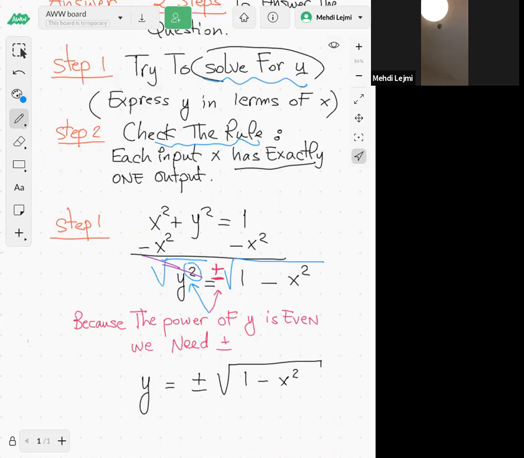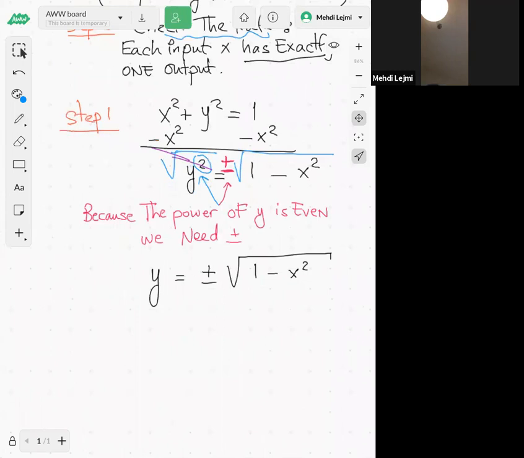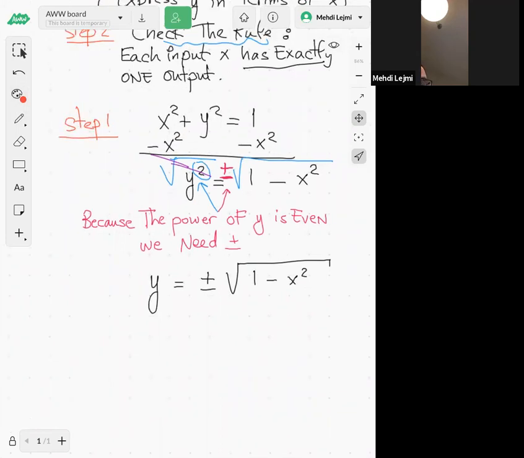The x is supposed to be the input, and the y is my output. The idea is, in order to be a function, each input corresponds to exactly one output. So for example, if my x, let's say, is 0, I'm just taking a random example, what will be y? So here's step number 2.